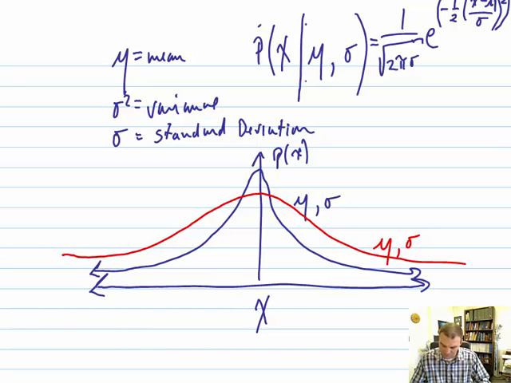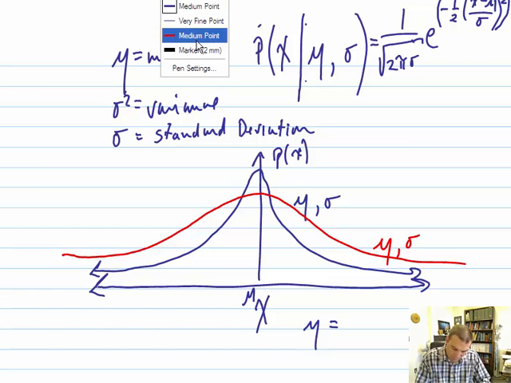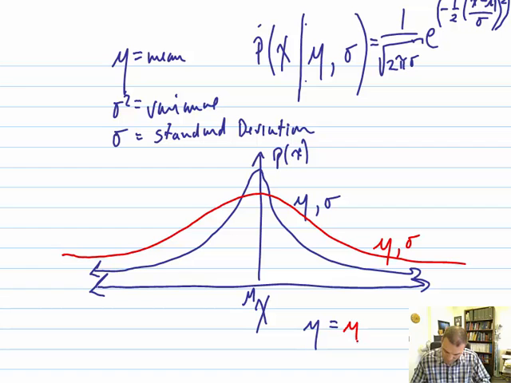As it turns out, the normal distribution is centered around its mean value of mu. So even though blue isn't drawn that well, and red's drawn better, if we assume they're symmetrical with the same center point, by inspection we can say mu blue is equal to mu red.